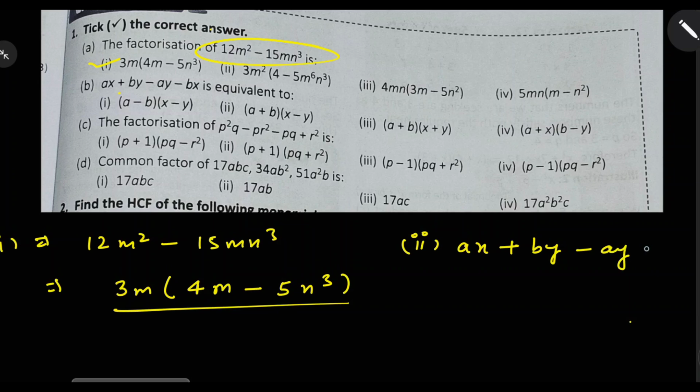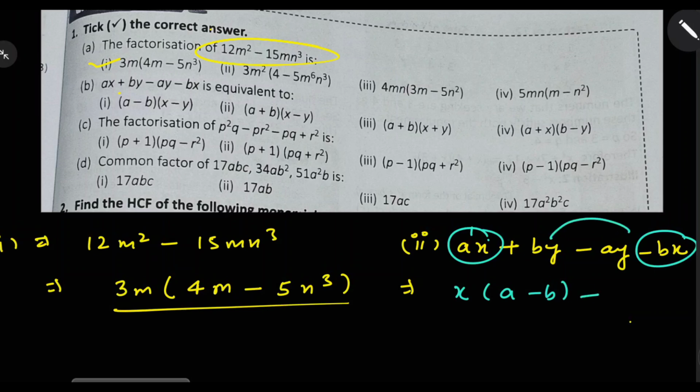In this question, we will solve it by grouping. See, here is x and here is x. Taking x as common, we are left with a minus b. In the same way, here is y and here is also y. Taking y as common, we are left with b minus a.